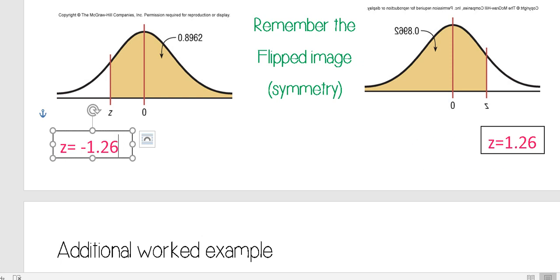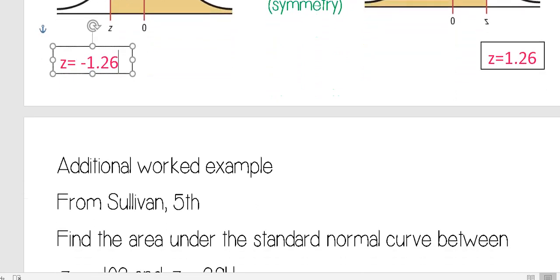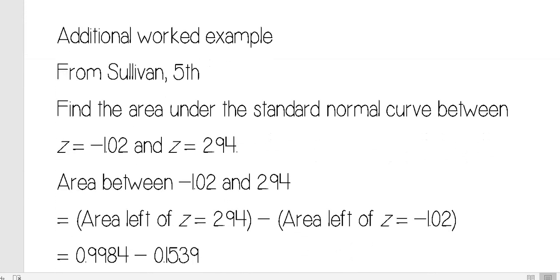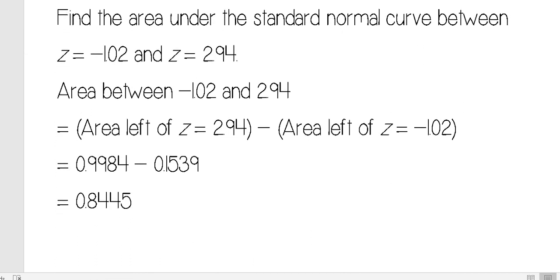And I have one more example that's already worked out for you. You're just going to have to draw the picture. This is from Mike Sullivan's 5th edition. He asks to find the area under the standard normal curve between z is negative 1.02 and 2.94. So hopefully you could draw a picture, maybe take a quick pause and shade between those two z-scores.